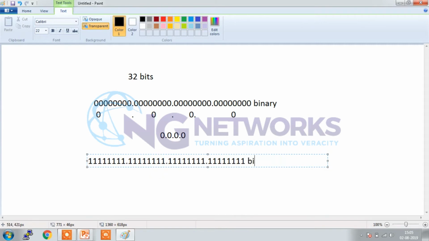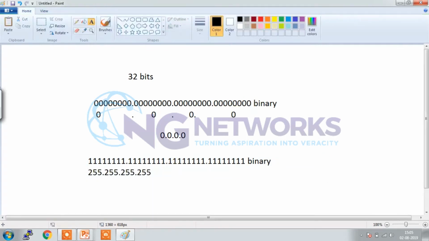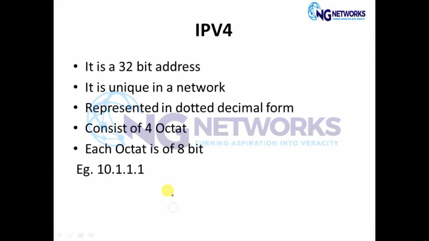This is again the binary representation. Converted into decimal, it comes out to be 255.255.255.255. So this is the minimum range and this is the maximum range. Each and every octet can go maximum up to 255 and minimum 0. This is how it looks in decimal representation.